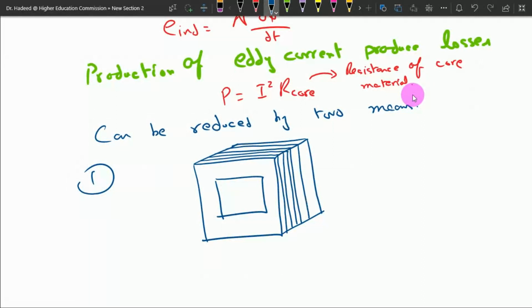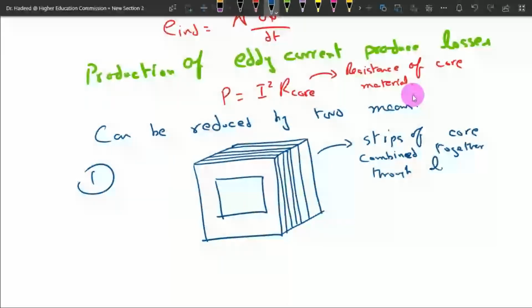So with this laminated stack of sheets, or strips of core combined together through lamination, that lamination is actually an insulating material.